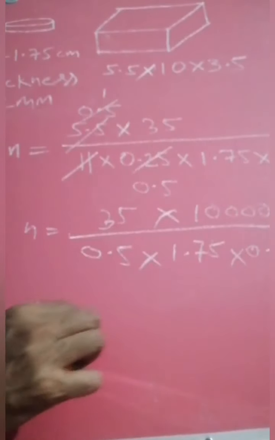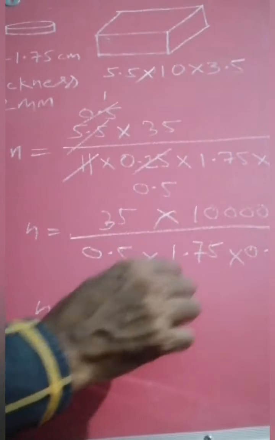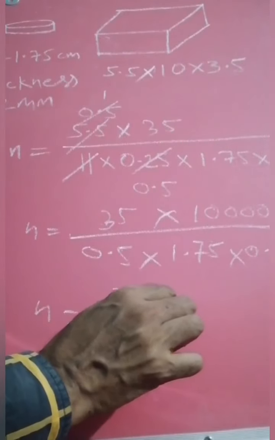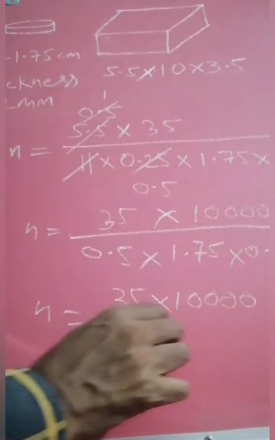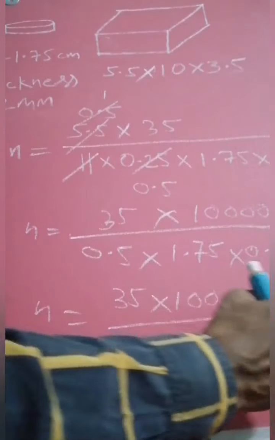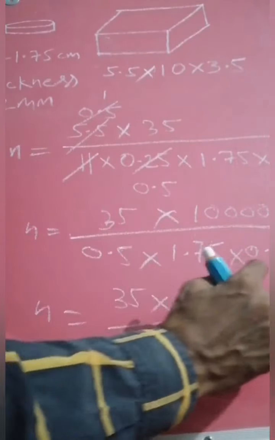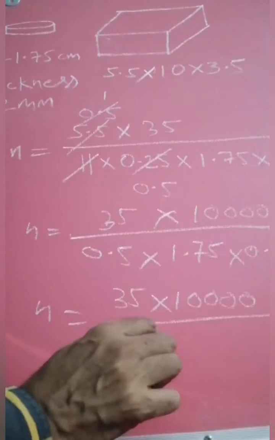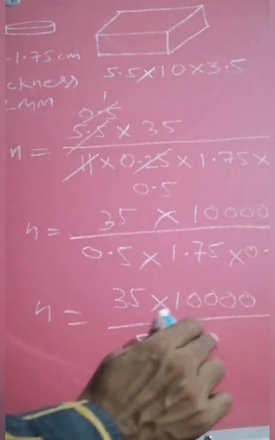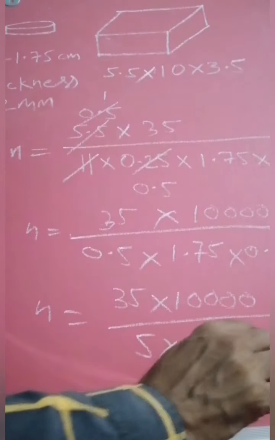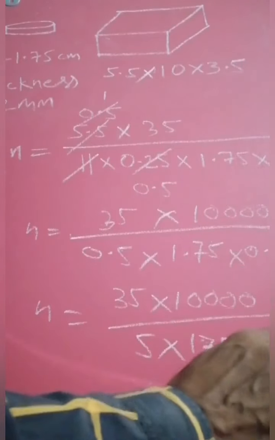So n is equal to 35 into 10,000 by, as 10,000 is multiplied, 4 places will be removed, that is 0.5 will be only 5, 175, and 1.